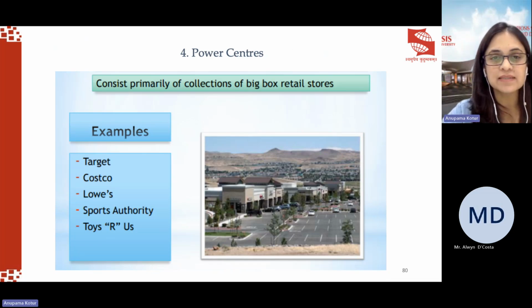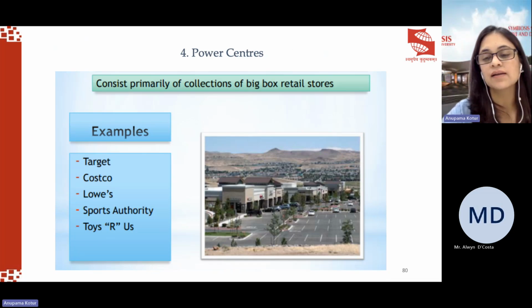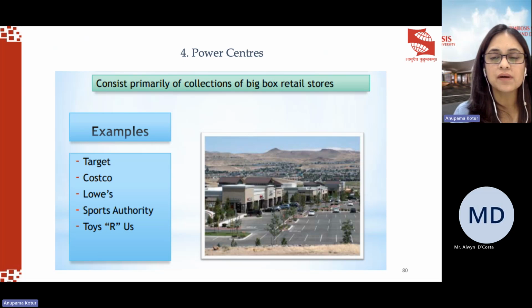And then there are power centers, for example. Think about Walmart, Target, Toys R Us, and some of the largest hypermarkets coming together in one place, all these supermarkets put together in one place. That is what a power center is.